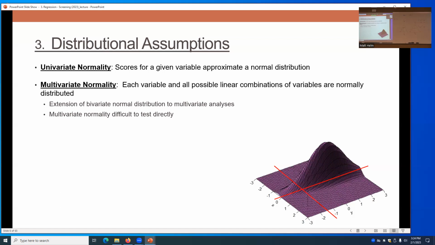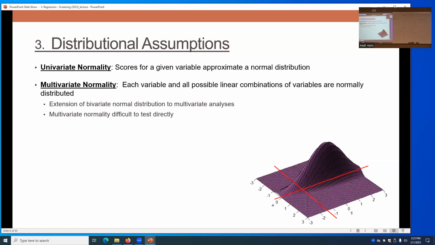This multivariate normality is an extension of the bivariate normal distribution we talked about before with the correlations. Remember, we talked about marginal distributions, which is the overall distribution of a variable. And then we talked about conditional distributions, which says that for a given value of X, Y has a normal distribution.